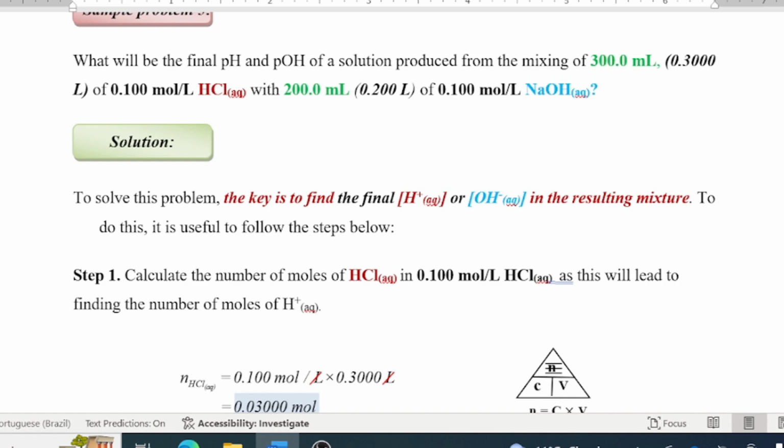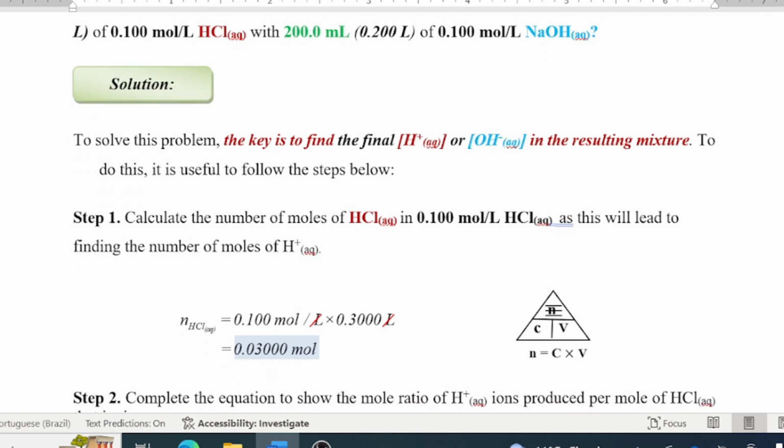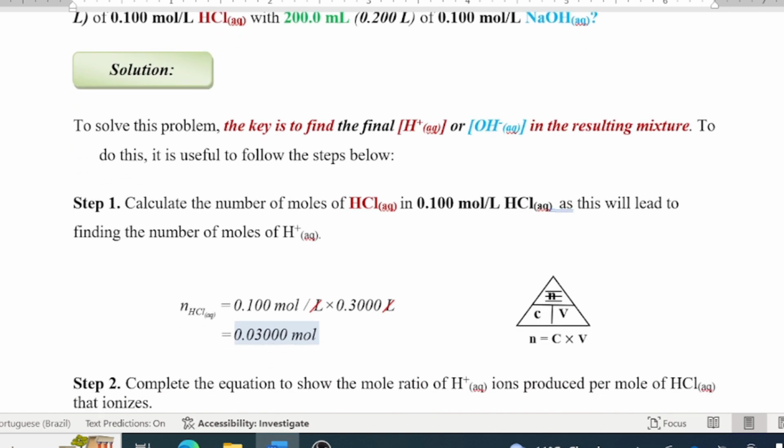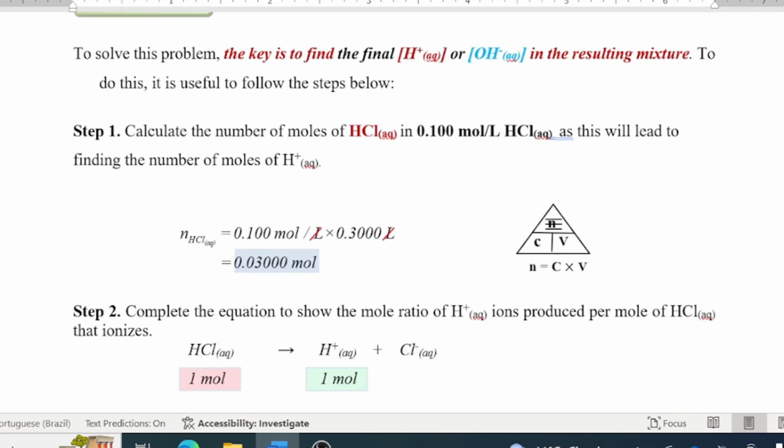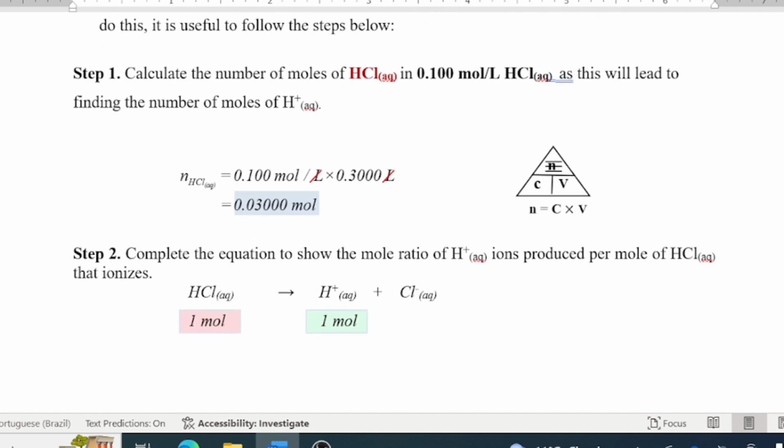We can find the number of moles of HCl in that volume. So the first thing you do is find the number of moles of HCl by multiplying its concentration times its volume. So 300 milliliters translates into 0.300 liter, and that gives the number of moles of HCl in that volume of solution.